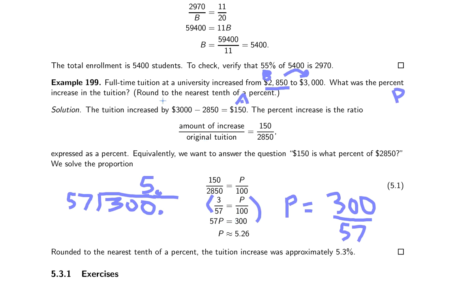The question was to round to the nearest tenth of a percent, so we need 2 decimal places. We're rounding to the nearest tenth, so 2 is in the rounding place. The next number is 6, so that goes up to 5.3%.